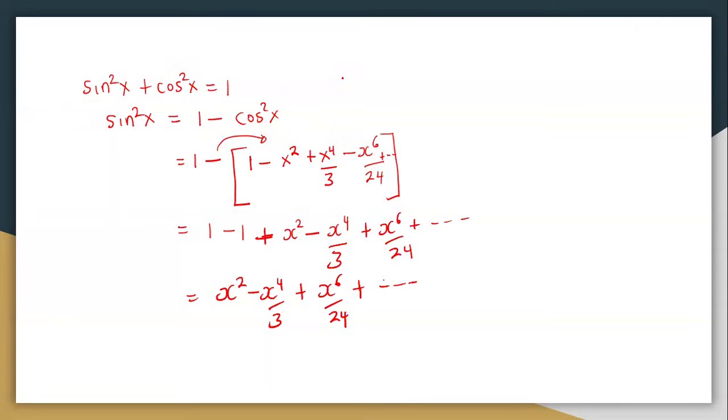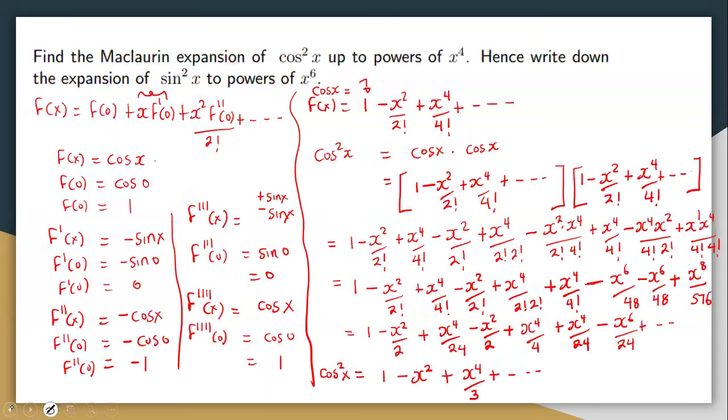Teacher, from the question, they said that we end at x power 4, but I'm seeing we are having up to x power 6. Okay. The answer is up to x power 4.